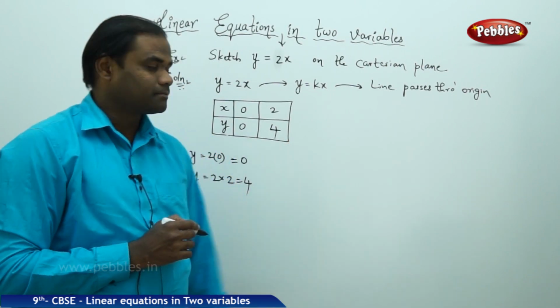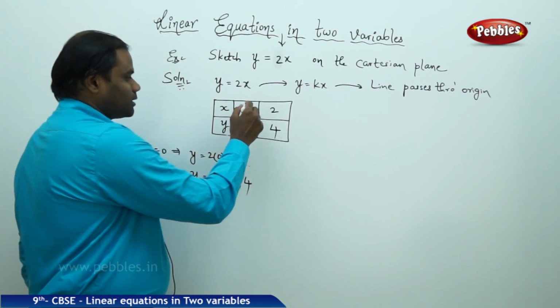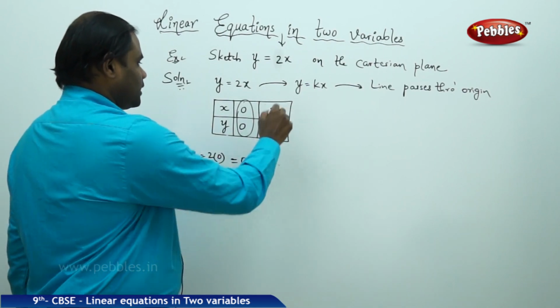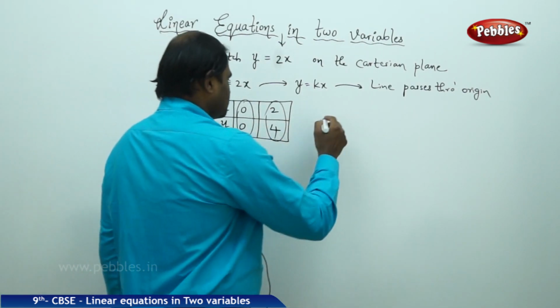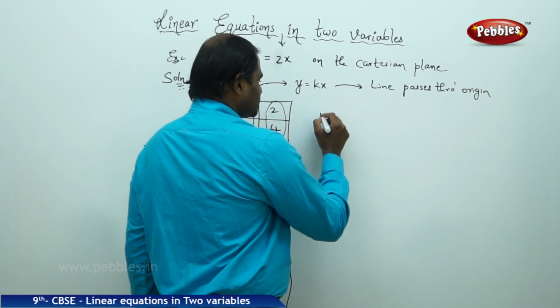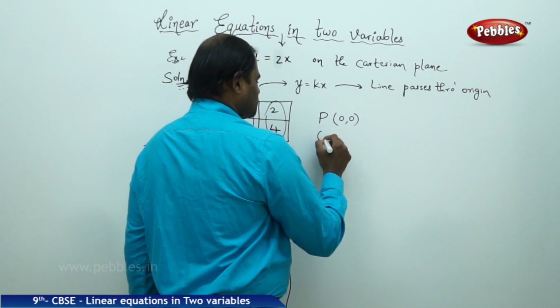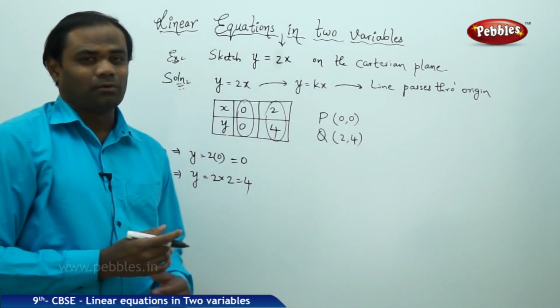Now that for 2 points, I have got one of the points as represented by the second column and the other point represented by the third column, I clearly understand that there are 2 points: P which is 0, 0 and the point Q which is 2, 4.